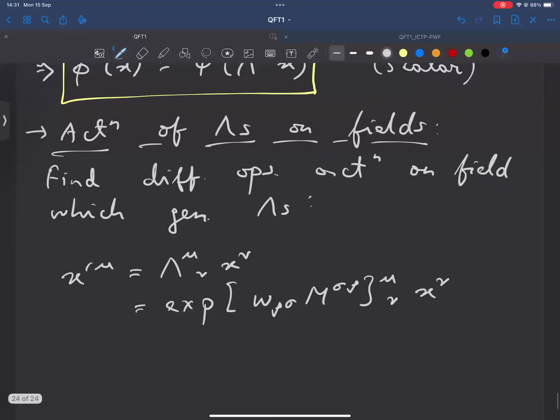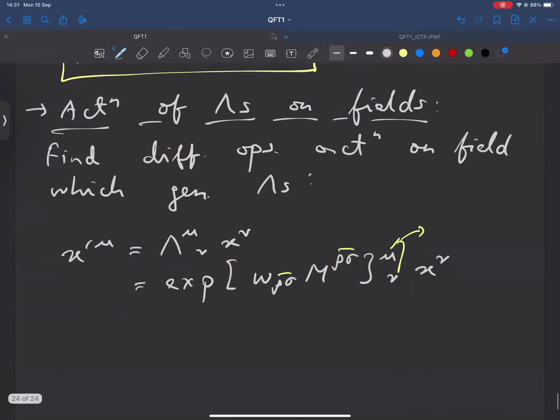And because of the question that was asked in the chat today, it should be clear what these different indices are doing. Again, these rho sigmas are for labeling the rows and columns of M, and these are space-time indices. Okay. So it should be clear now what these different indices do.